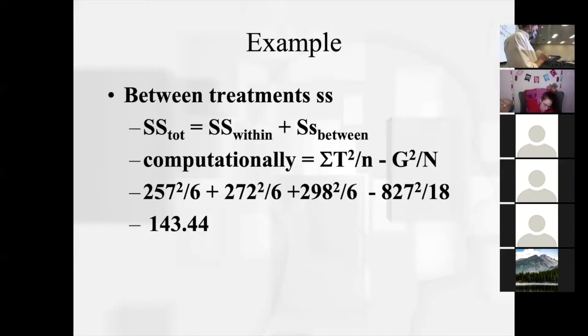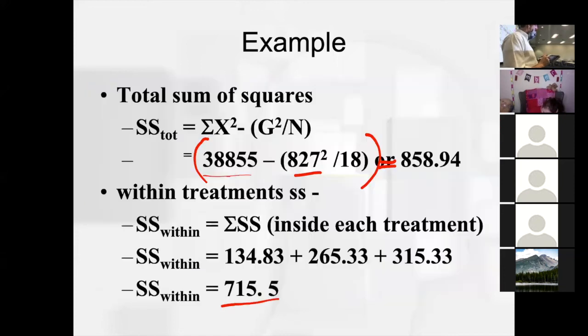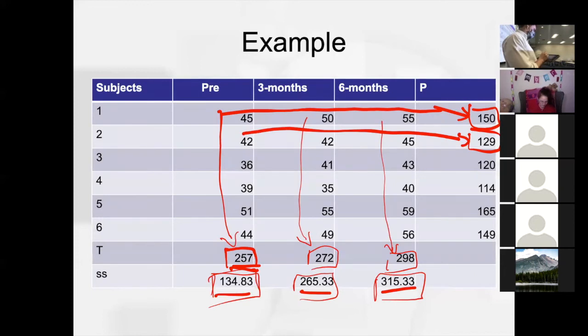And I'm going to take every t value, I'm going to square it, I'm going to divide it by the number in that column, and I'm going to add that to the other t values. All right, so I'm taking this 257, I'm going to square it, I'm going to divide it by 6, right, because I've got 6 participants here.